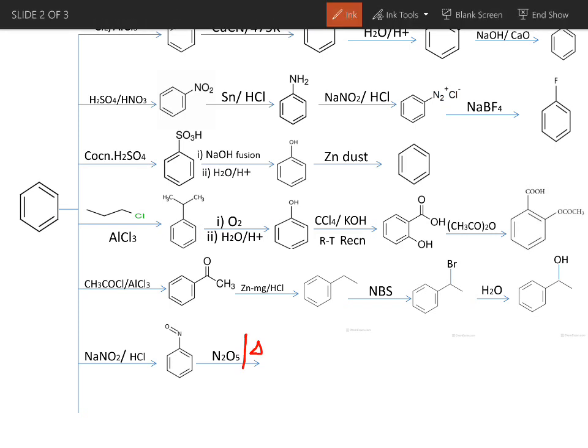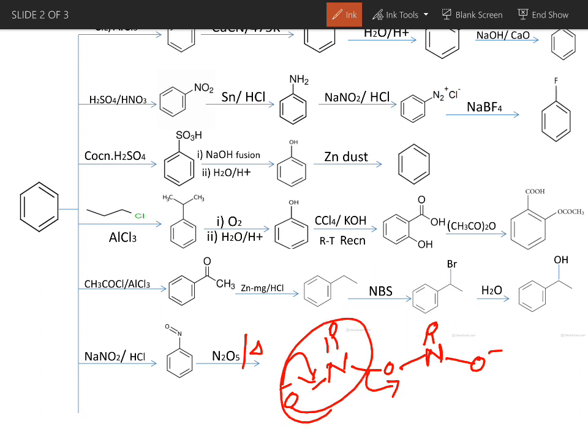When nitrosobenzene is heated with nitrogen pentoxide, let me elaborate this nitrogen pentoxide: N double bond O, O, N double bond O, O minus, O minus. Here it will form N double bond O. This forms an electrophile, that is N double bond O with positive charge. Now this electrophile will easily attack on this aromatic compound.